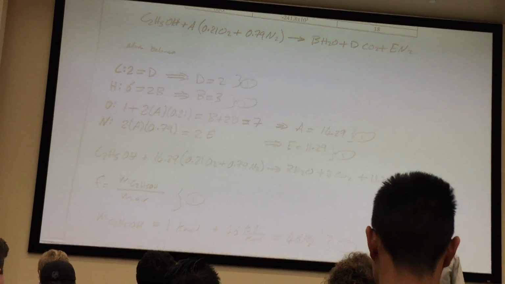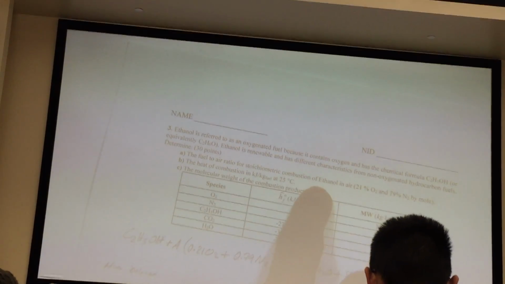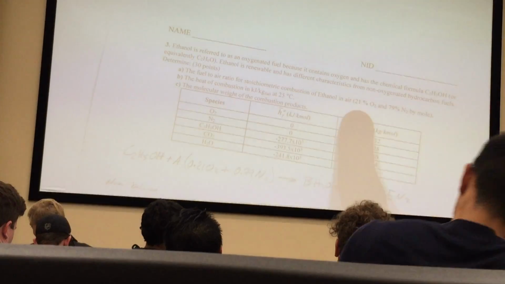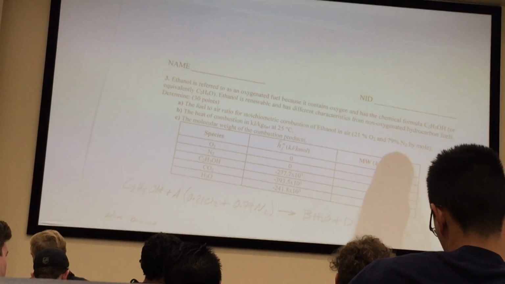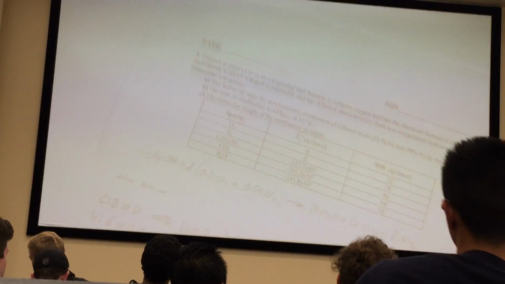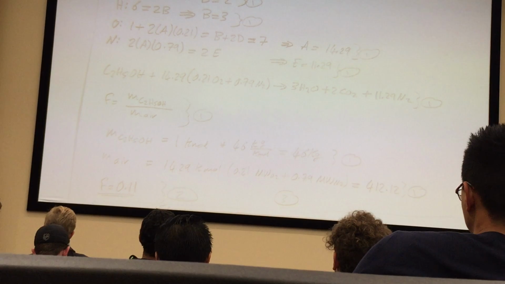Now, you have to compute, what was the question? The fuel to air ratio for stoichiometric combustion. That's all it is. And I'm even giving you the percentages of oxygen and nitrogen, which I would have expected you to know by now. Last year I didn't even give them that. But anyway, we need the fuel to air ratio.